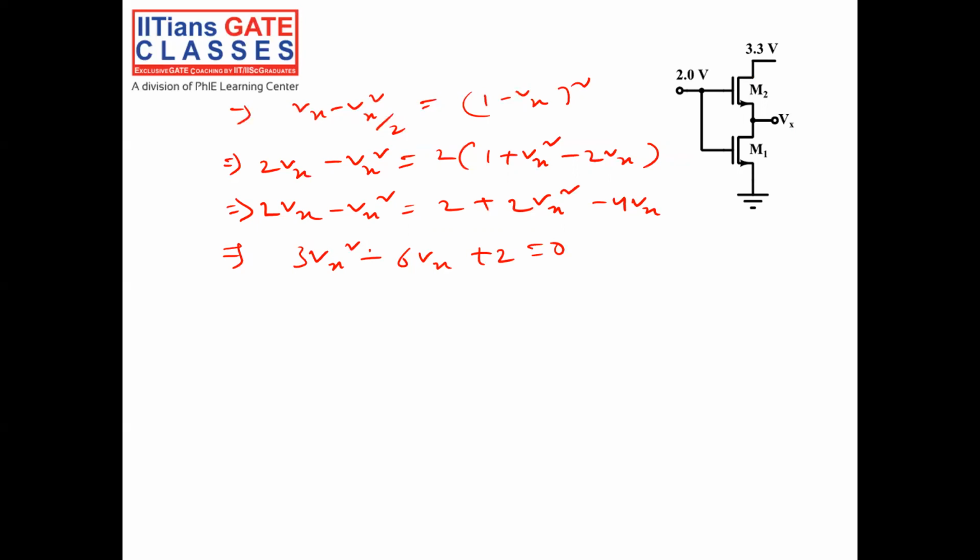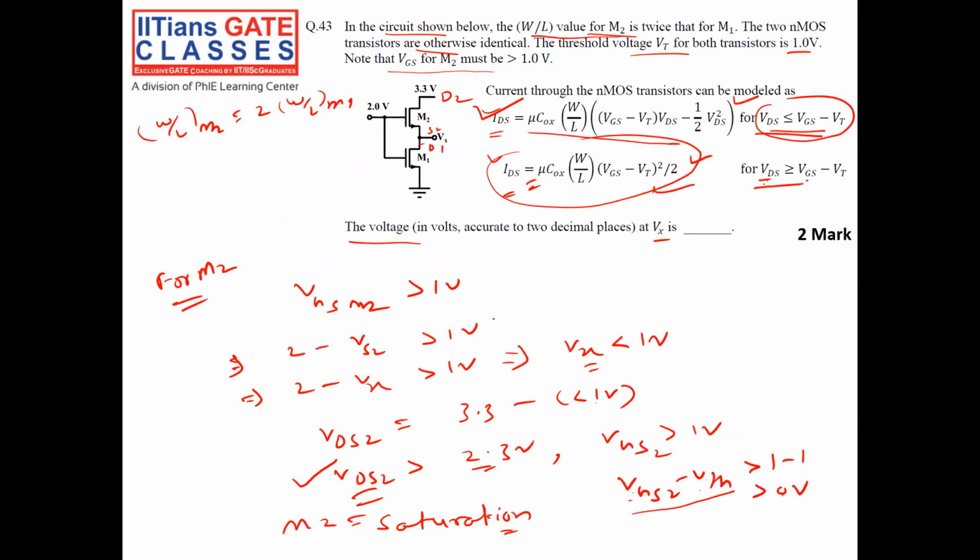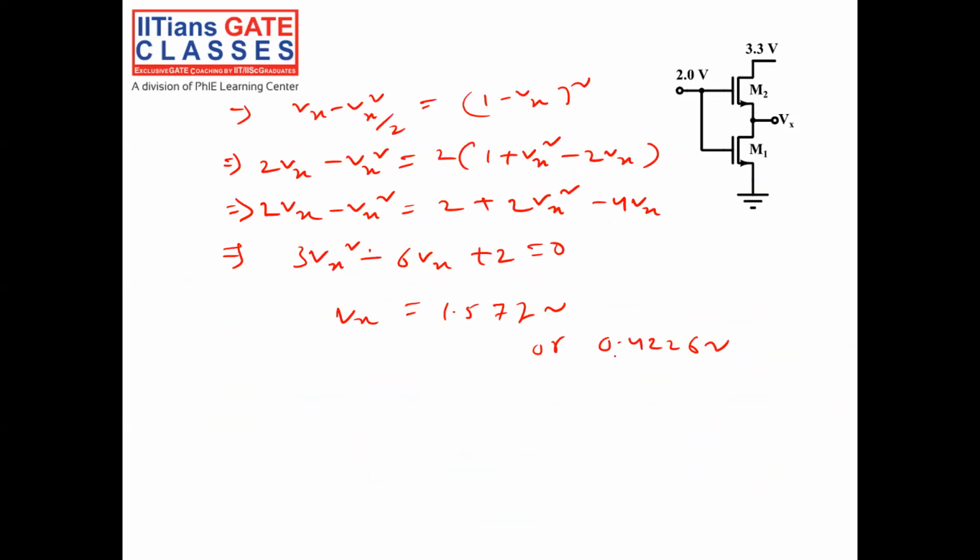So I got either Vx is equal to 1.577 volt or 0.4226 volt. Okay, what is given is Vx should be less than or equal to 1 volt, right? So this implies Vx is equal to 0.422 volt is the answer.